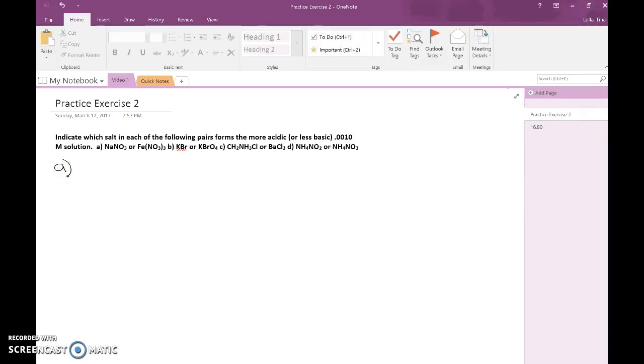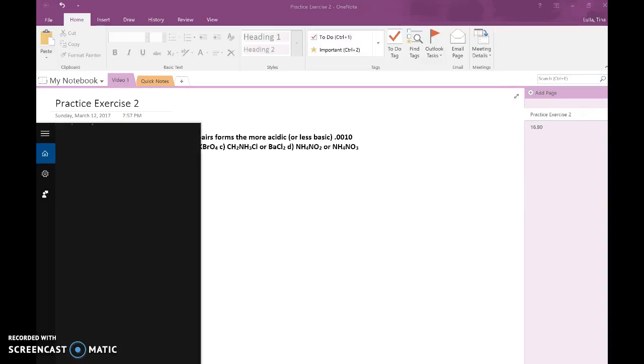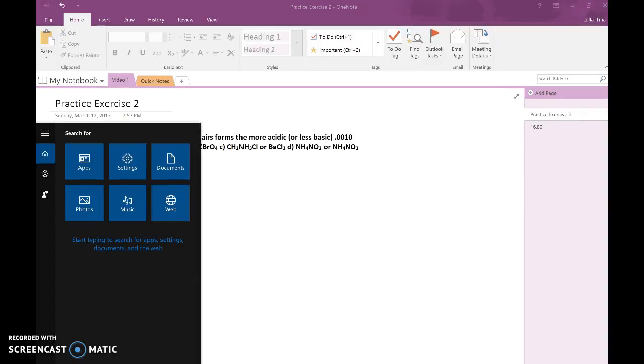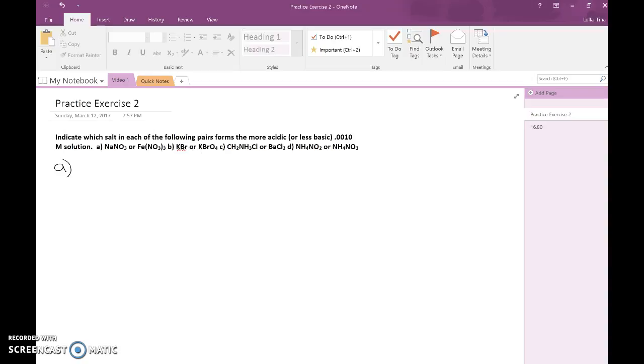Okay, I think it's gonna work. So if we're doing NaNO3, remember what we're gonna do is break this into its ions. So it'll become Na+ and NO3-.